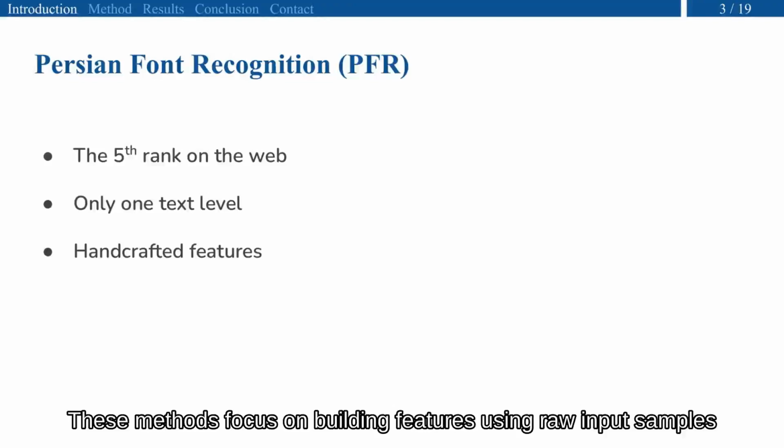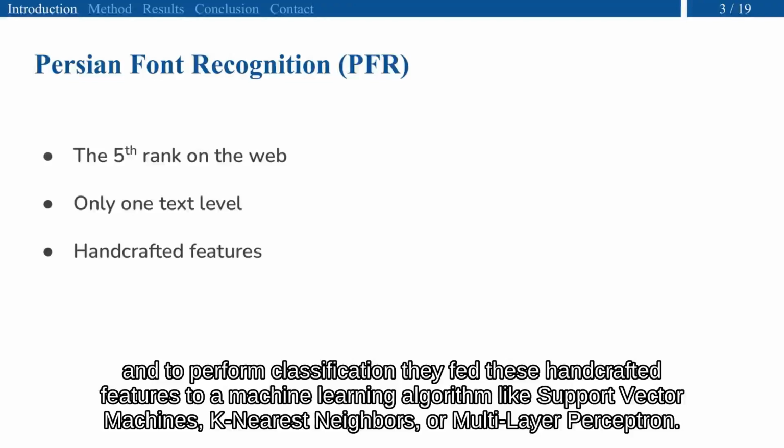These methods focus on building features using raw input samples, and to perform classification, they feed these handcrafted features to a machine learning algorithm like support vector machines, k-nearest neighbors, or multi-layer perceptron.